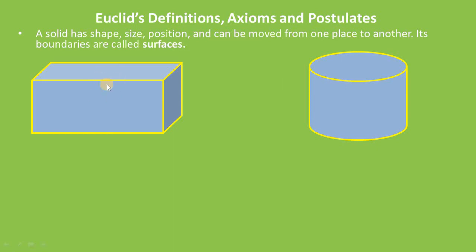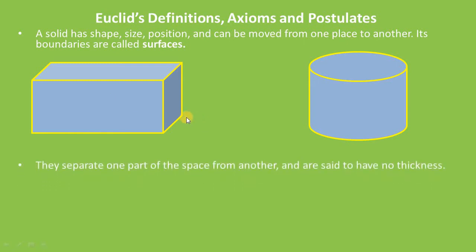A solid definitely has a shape and size, occupies a particular position, and can be moved from one place to another. Here are the boundaries, and these boundaries are called surfaces.